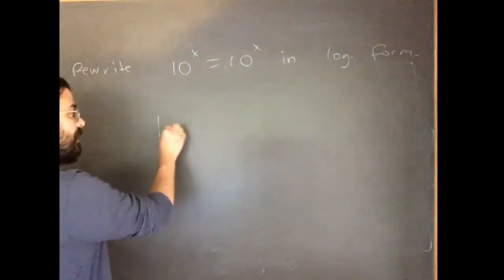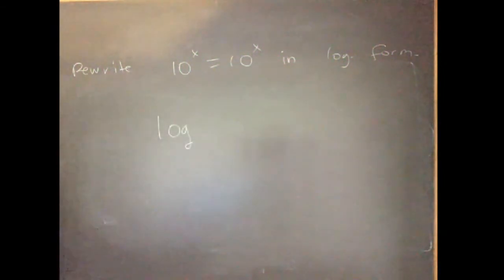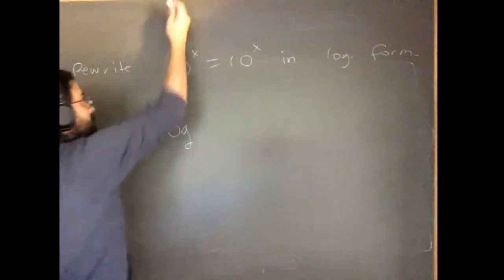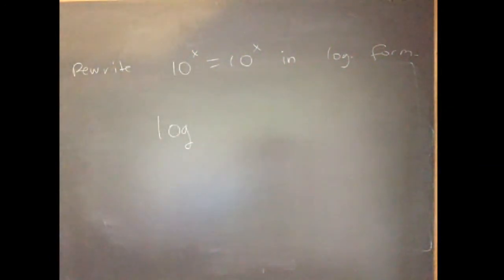It's a common log, okay? So there's a common log. And remember, it was this form of b to the y over x, or y is equal to x.